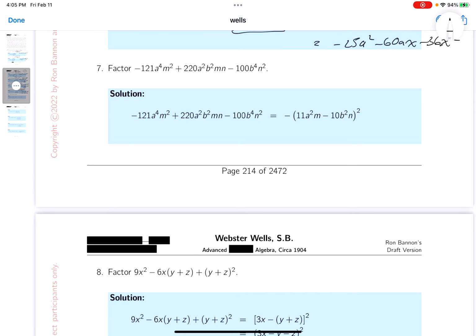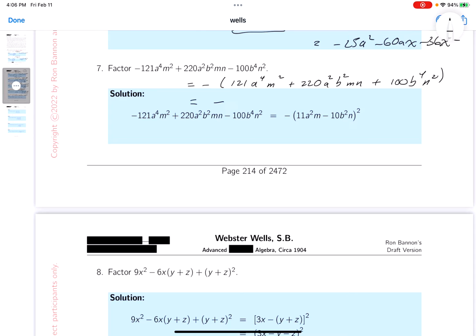Again, I think for many that the negative coefficient on the leading term should be factored. So I'm going to write this as equal minus 121 a^4 m squared, that's a perfect square by the way, plus 220 a squared b squared mn plus 100 b^4 n squared.